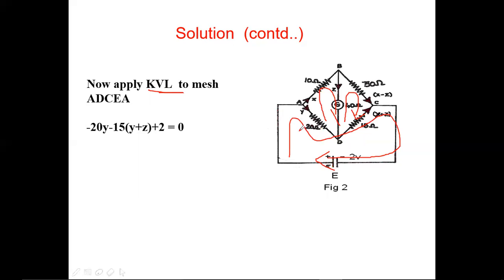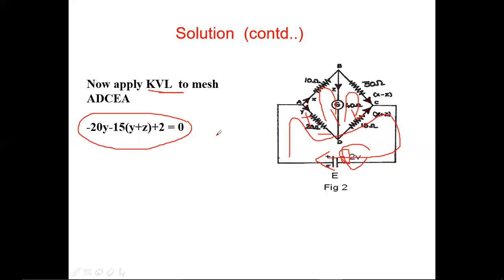For this loop, he followed the leaving sign, sorry, the starting sign, plus minus. In this, he is applying KVL for A, D, C, E, and A. While applying this KVL, I used to start from the battery.